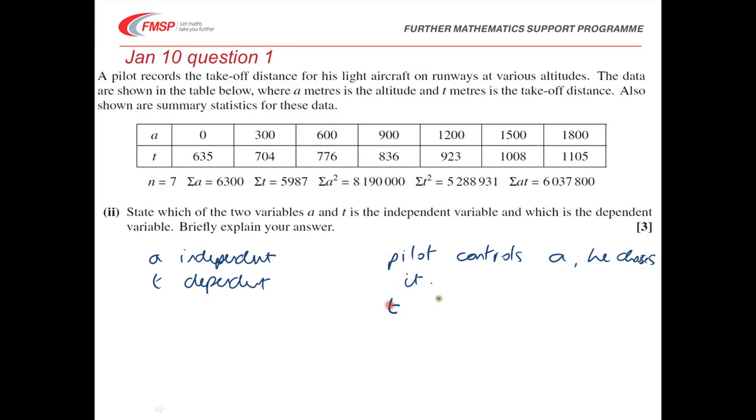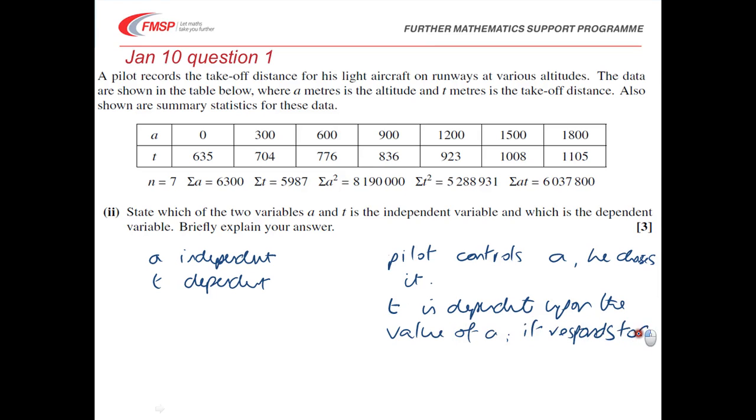Whereas T is dependent upon the value of A; it responds to it. This is why sometimes A is called a control variable and T is called a response variable.